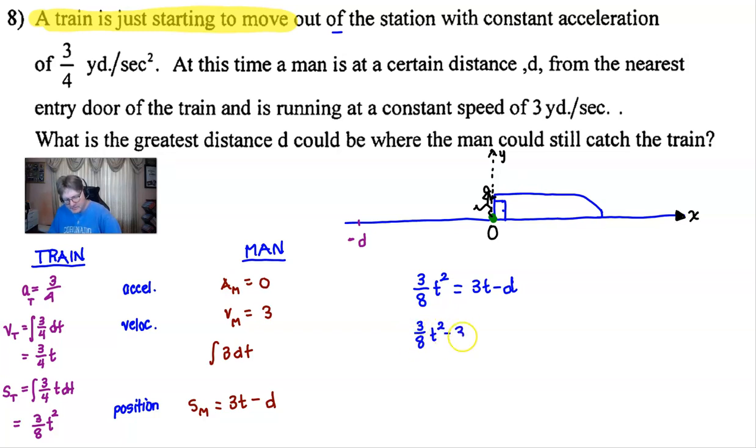And so that means we're going to subtract a 3t, we're going to add a d, and this is going to be equal to 0, of course. And it's this thing here that I think we're going to start to become really interested in. That's a really interesting expression that if we know a t value, it will produce a d value that starts to become kind of interesting for us. Now, in order to work with this a little bit easier, let's multiply through by an 8, because it just makes this equation a little bit easier to work with.